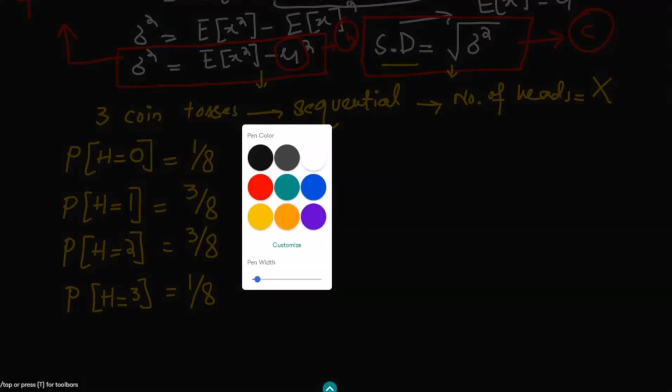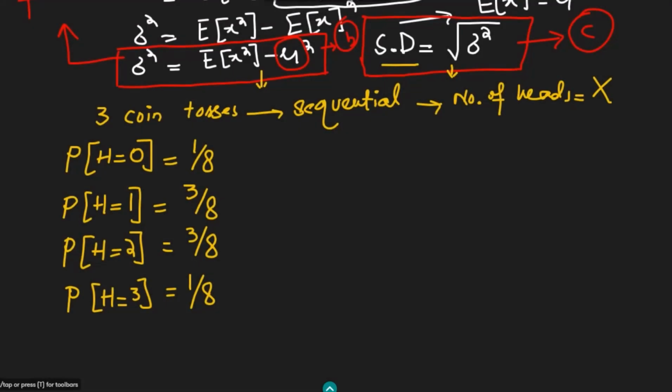We have also found out in our previous videos that the expected value of the number of heads here is 1.5. What we have to find out today is the variance of this random variable.